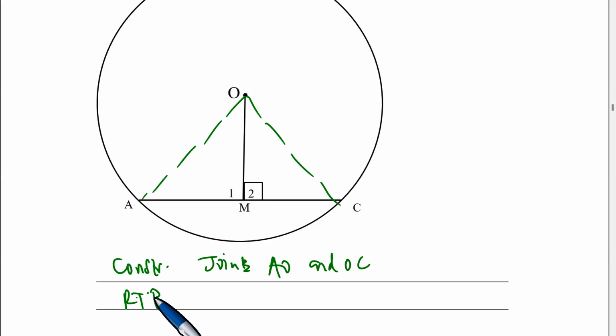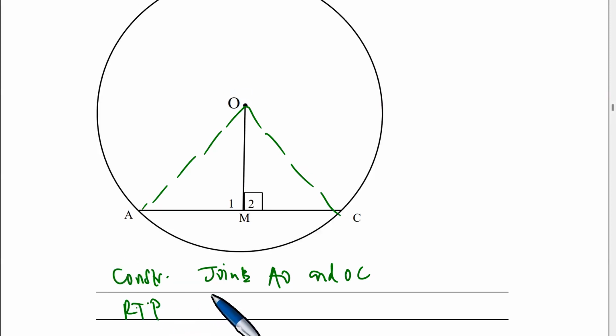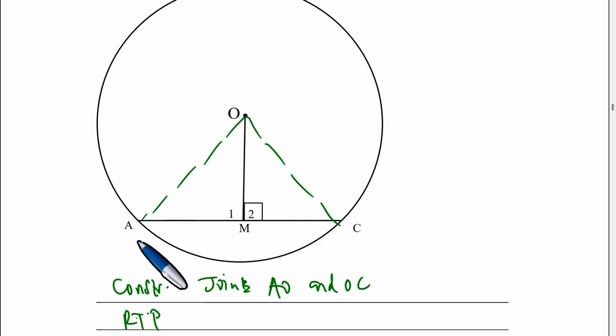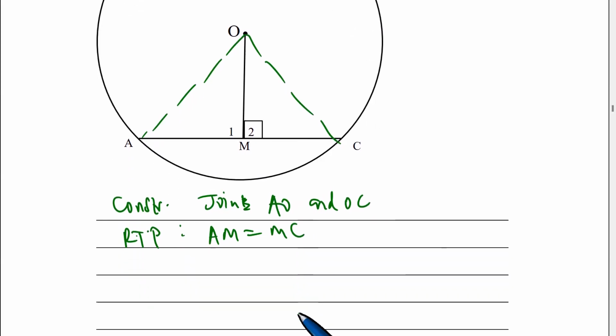What are we required to prove? We are required to prove that it bisects the chord. So bisection is about actually proving that AM is equal to MC. So let's look at the proof of this.